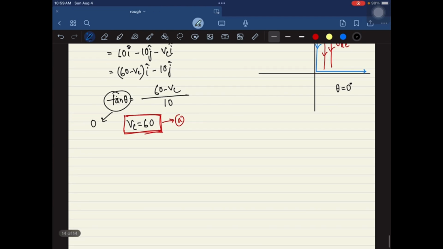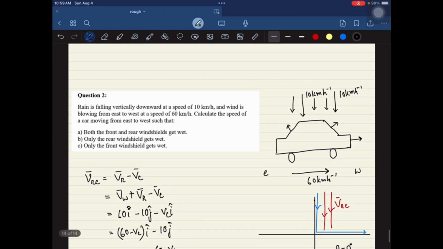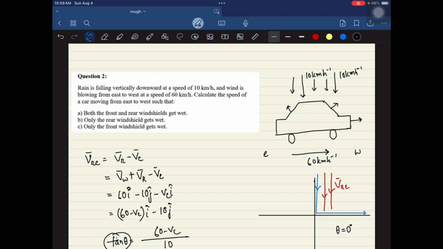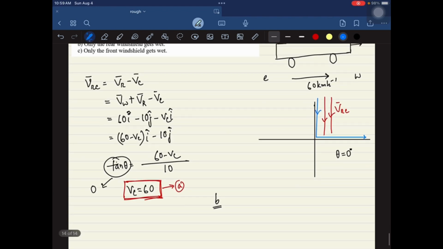And for B, what does it say? Only the rear windshield gets wet. Rear windshield means this windshield. To get the rear windshield wet, I need to remove this one.